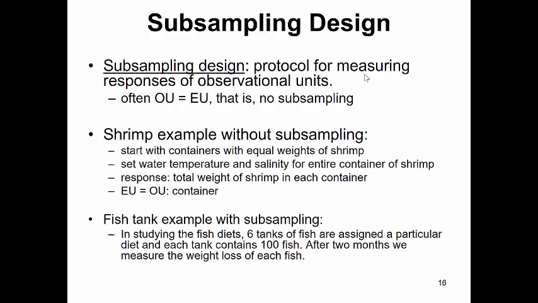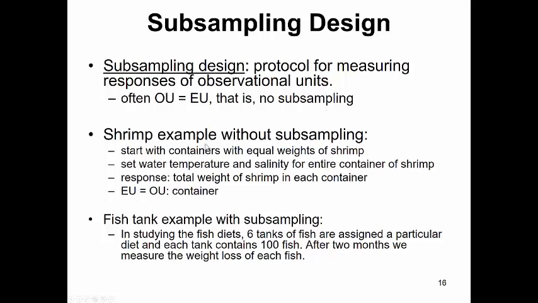We said before we have this idea of subsampling designs. A subsampling design is a protocol for measuring responses of an observational unit. Thinking back to the example with the fields, we're measuring the yield of each field, so our observational unit is the field. Often when our OU is equal to our EU, there is no subsampling.